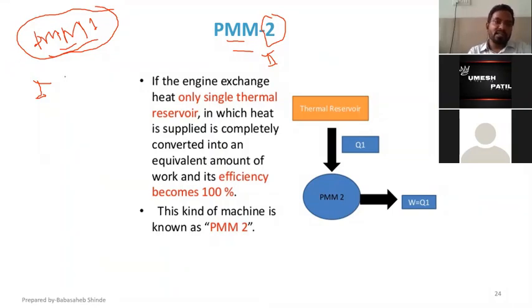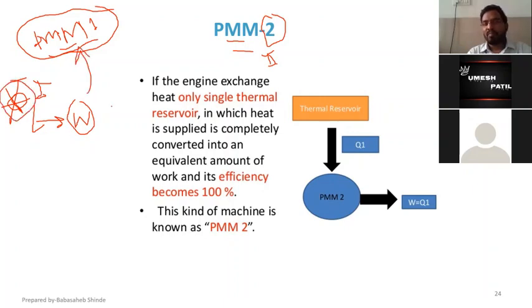So if I produce a device that continuously produces work output without consumption of any energy, that is a violation of the first law, and that device is called PMM1.